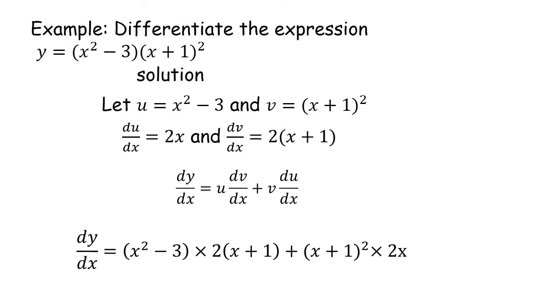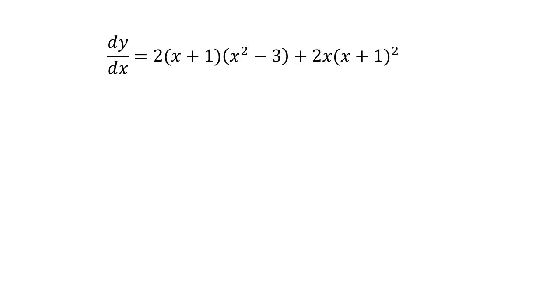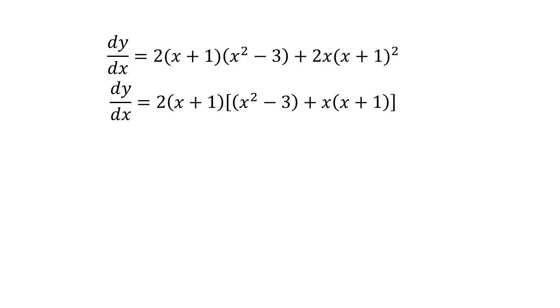So our u is x squared minus 3, then dv dx is 2 into x plus 1. So we factor out 2 into x plus 1, and we remain with x squared minus 3 plus x.